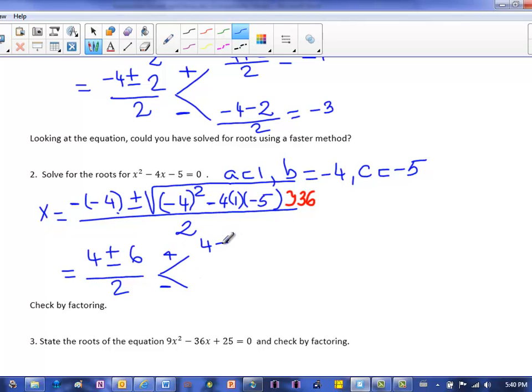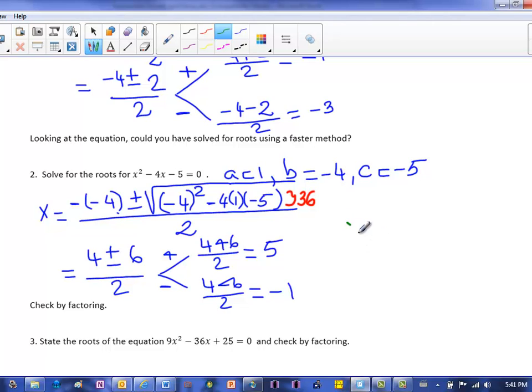So 4 plus 6 over 2 equals 5, or 4 minus 6 over 2, which equals negative 1. Well, let's see if we can also factor that equation.